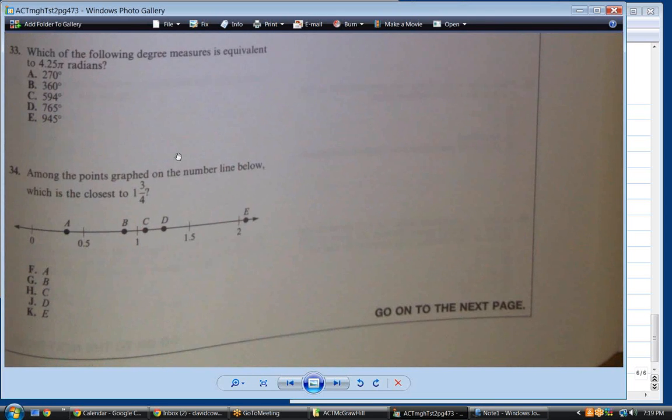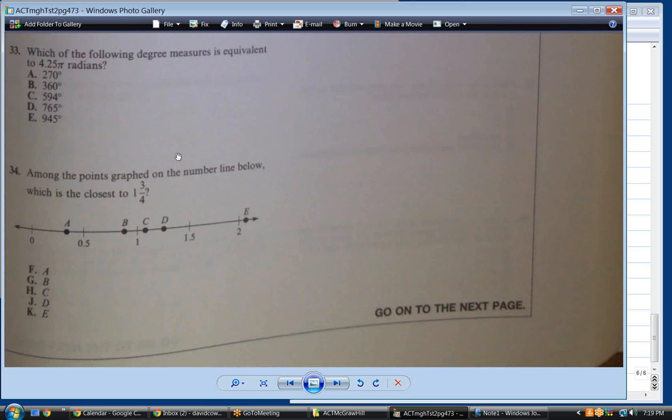Which of the following degree measures is equivalent to 4.25 pi radians? So 2 pi is 360 degrees. Okay, so let's approximate this. You don't need your calculator for this.